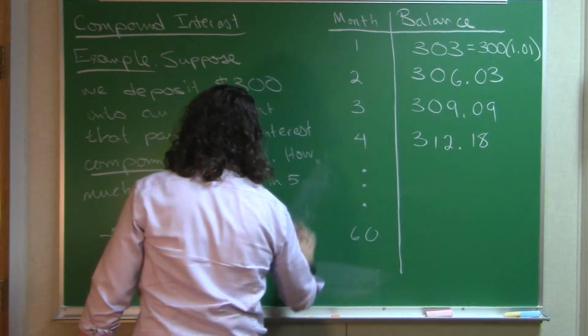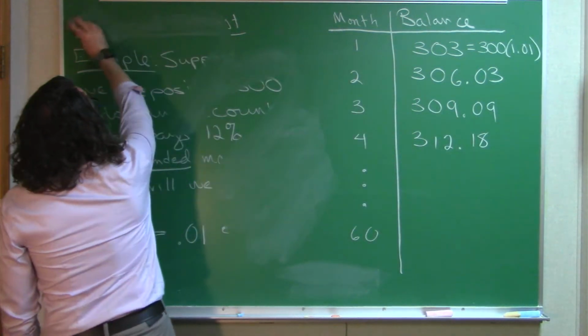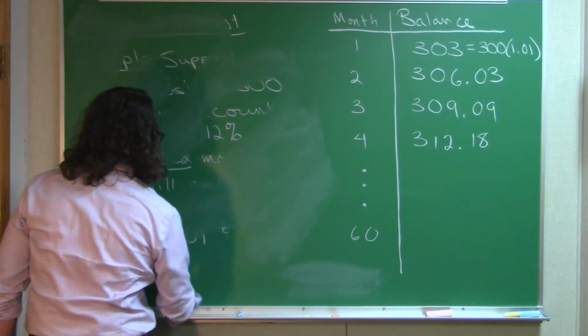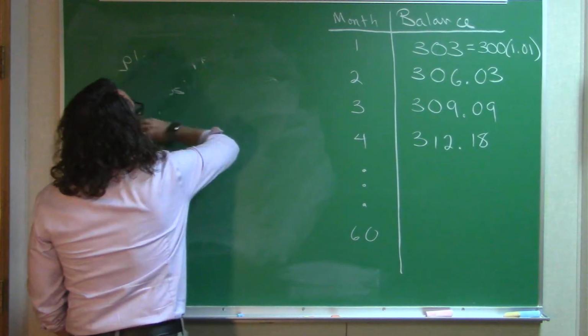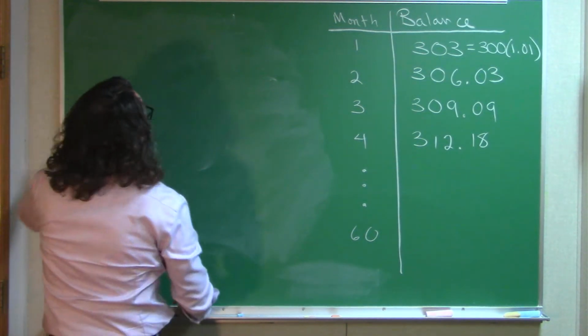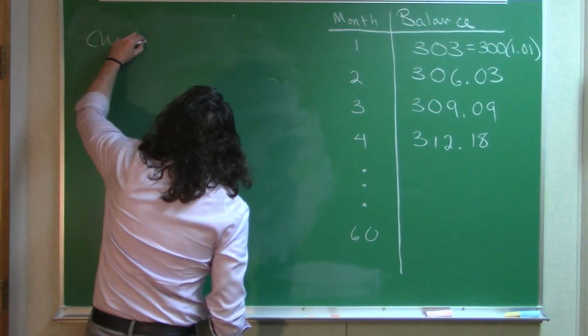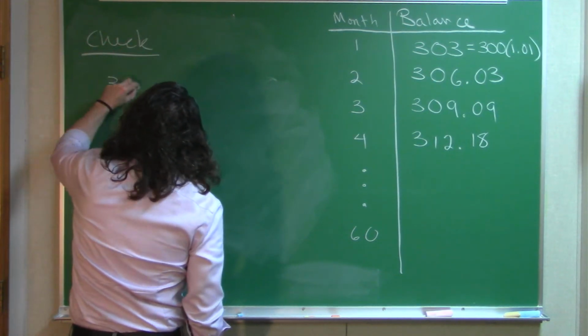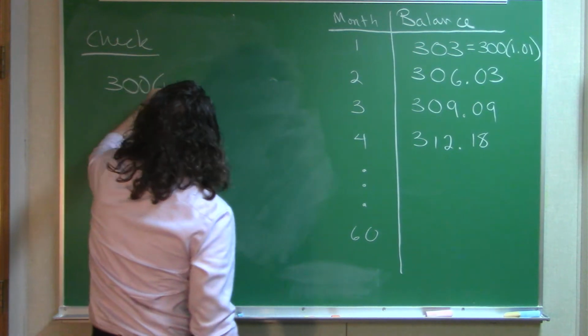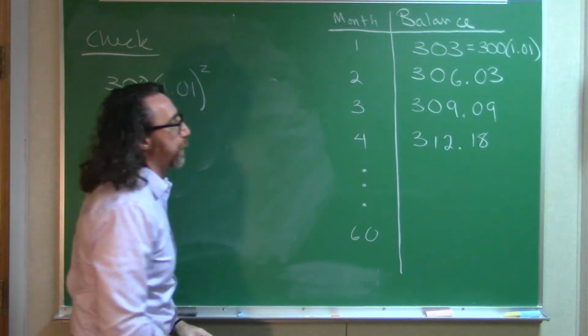I want you to check these calculations with me on a calculator. $300 times 1.01 squared.